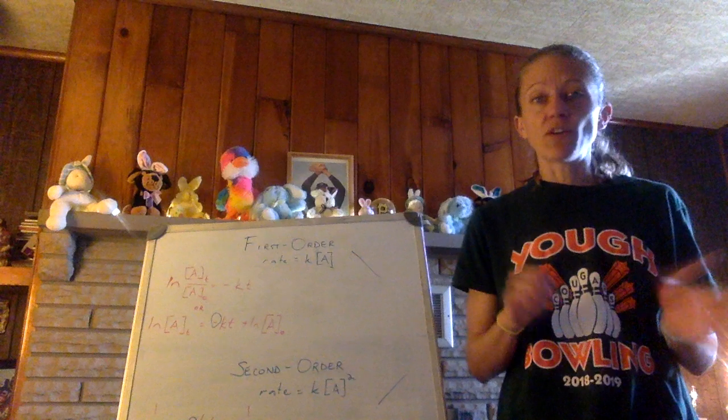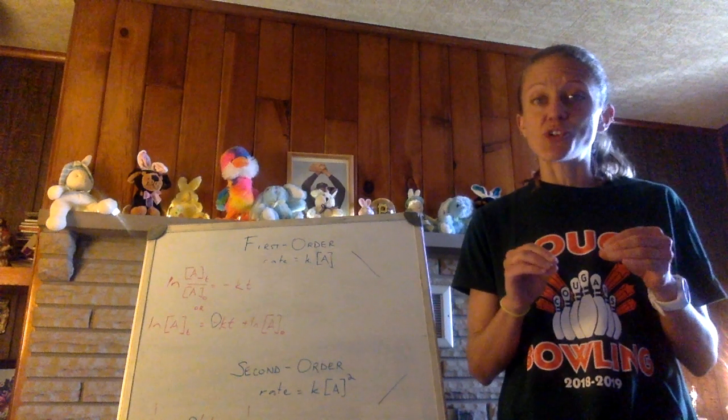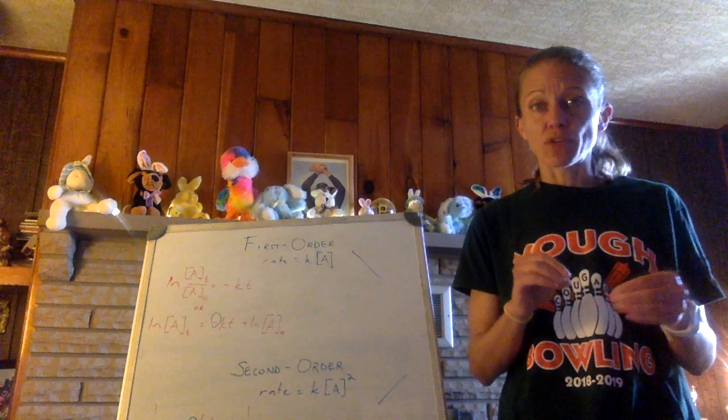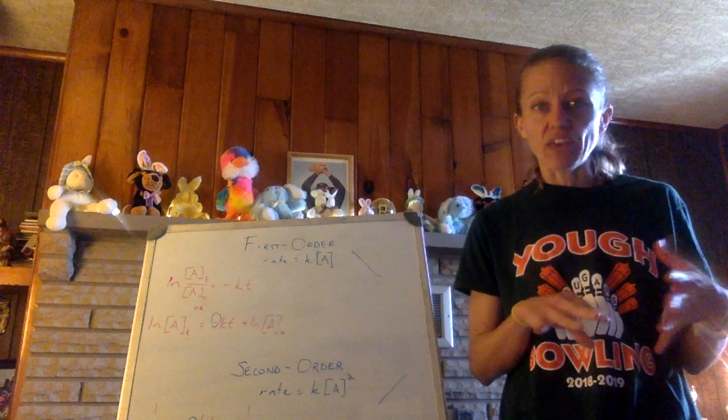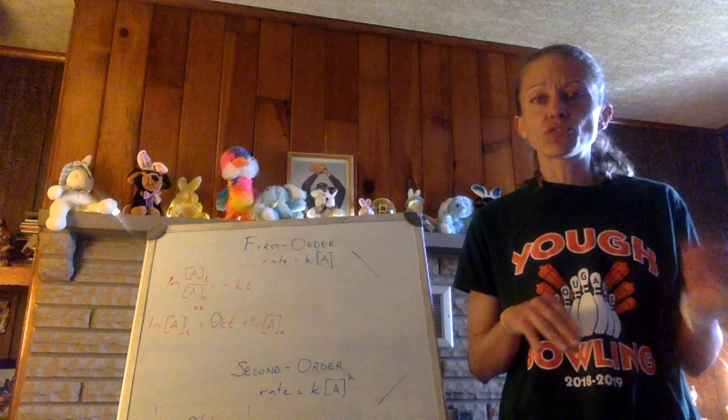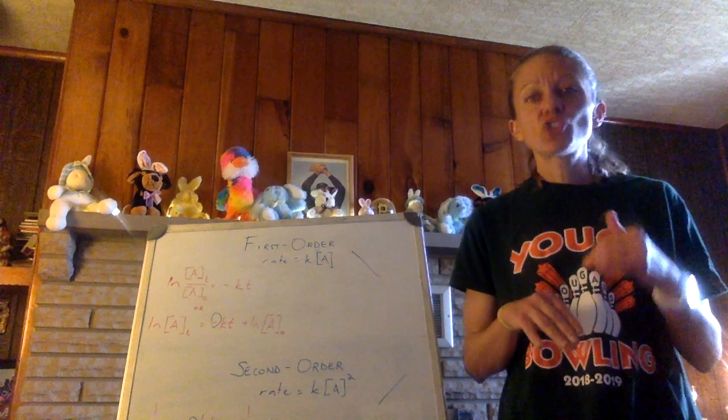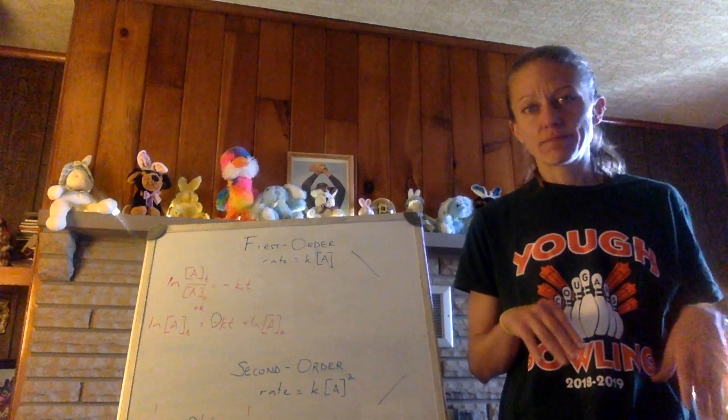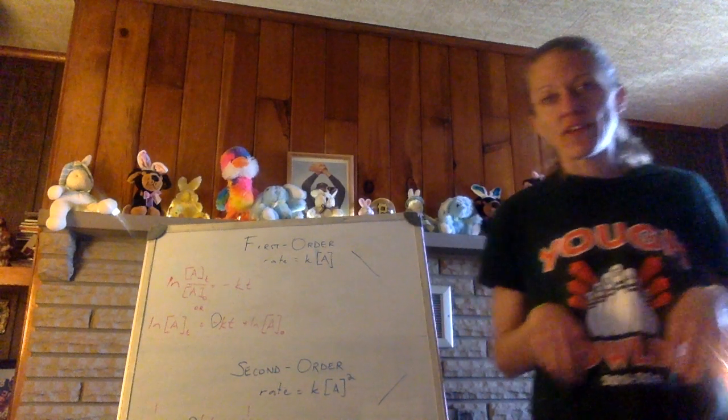Remember, K is your rate constant, same for a given equation at a given temperature. So we got K, we're kind of settled with K. We're looking at how the concentration of a reactant A changes with time. All your calculations are on that. Good luck.